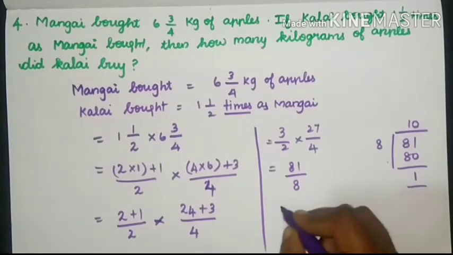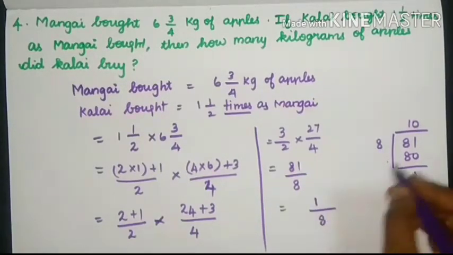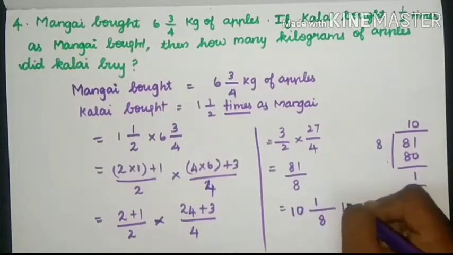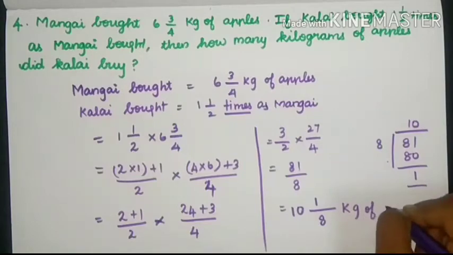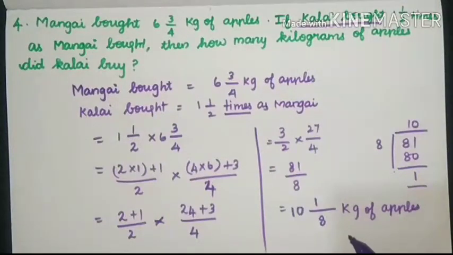As numerator, and the divisor in the denominator, the quotient in the whole number place. So Kalai bought 10 1 by 8 kg of apples. So Kalai bought how many kg of apples? 1 by 8 kg of apples.